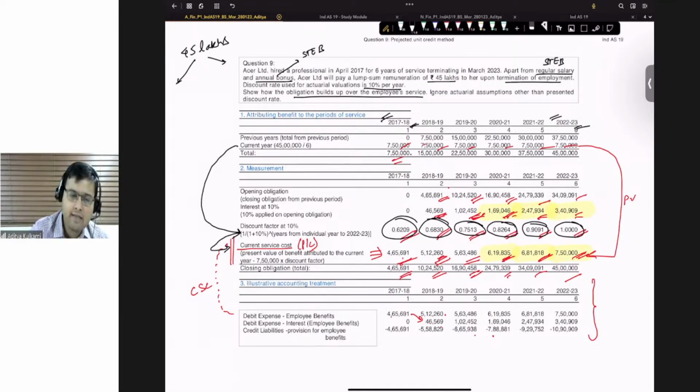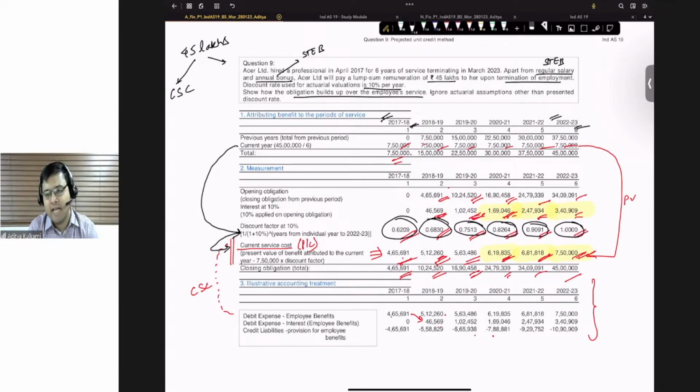One is that today your employee is working, providing service. Today he is putting in effort, and we call that current service cost. The service that he is giving gives rise to his entitlement to get the amount in the future. Because he's working today, he's entitled to get the gratuity amount in the future. So that is current service cost, the effort that he is putting, the service that he is rendering.